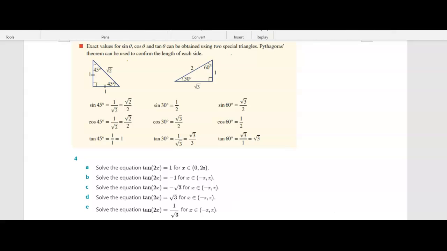This top diagram probably isn't in your notes because I didn't give it to you. But you do need to remember exact values. So you either remember the table or you use the triangles to help you remember. With these triangles, basically we have one triangle, an isosceles triangle.